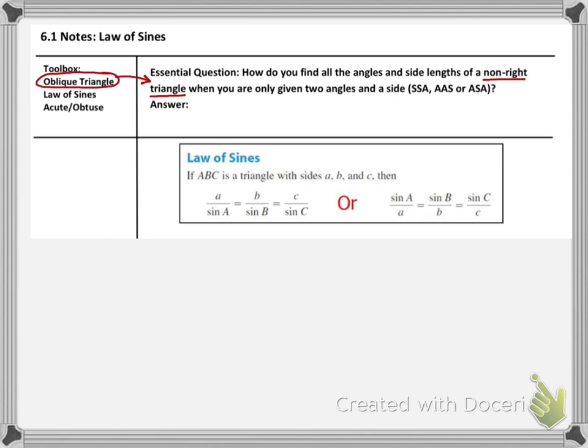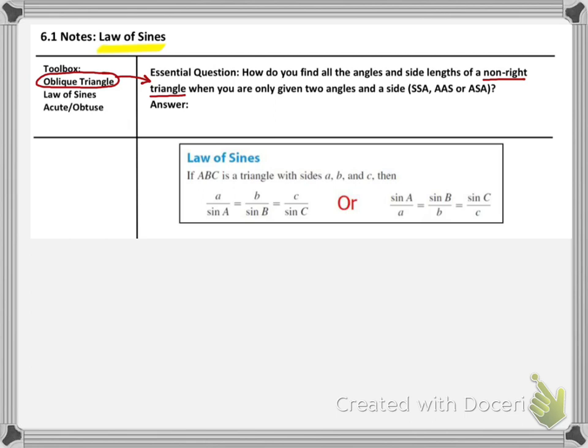So what do you do when you have a non-right triangle? Well, you are going to end up using what we call the law of sines and the law of cosines, which you will learn in the next unit, in the next section, to be able to solve these given triangles.